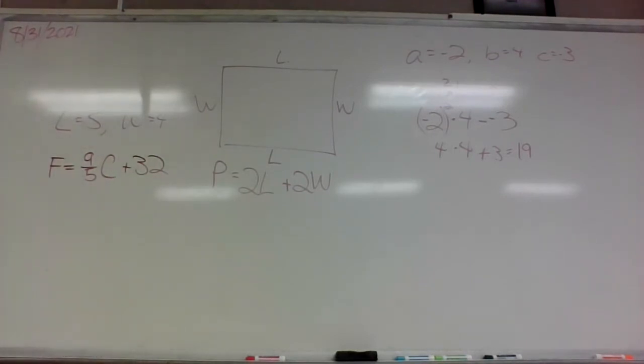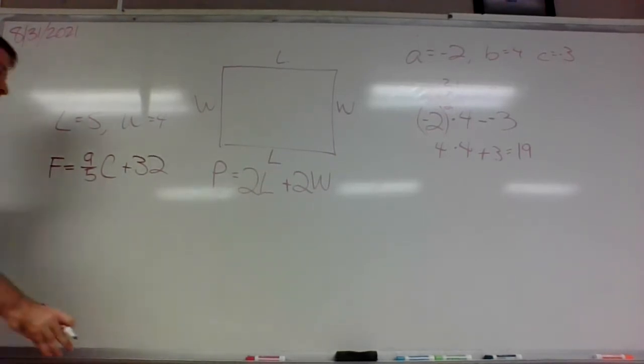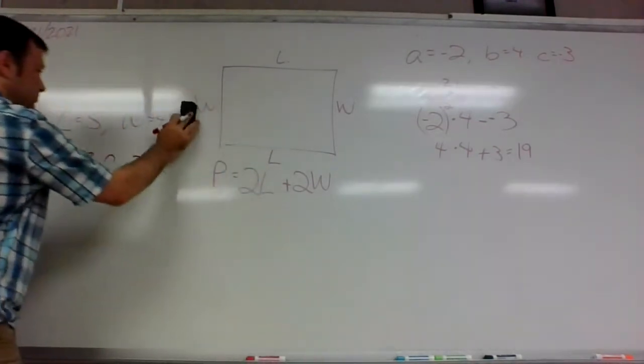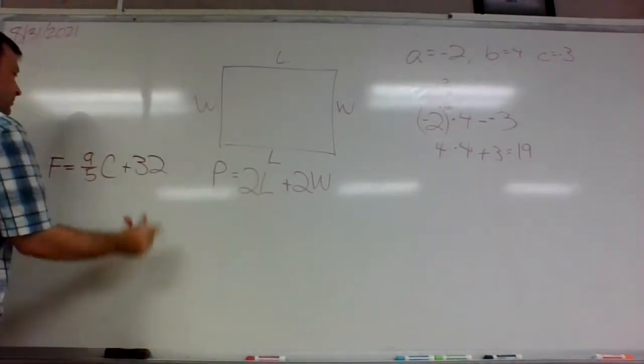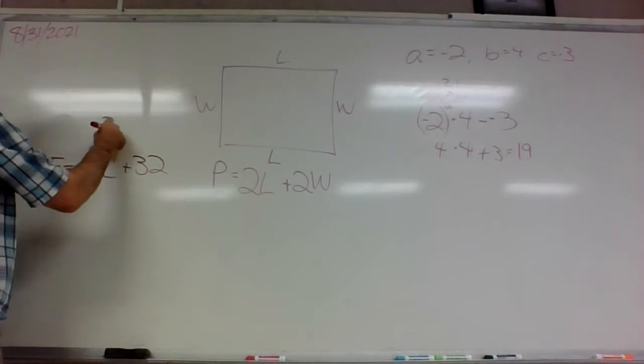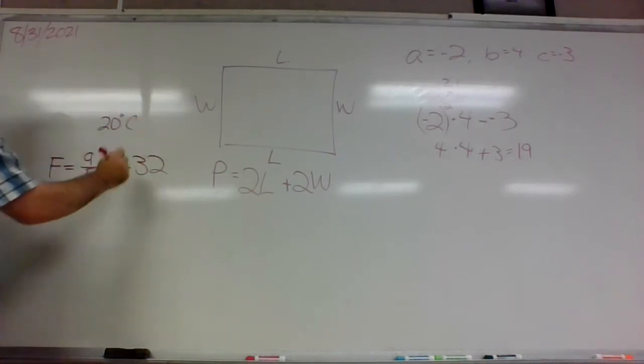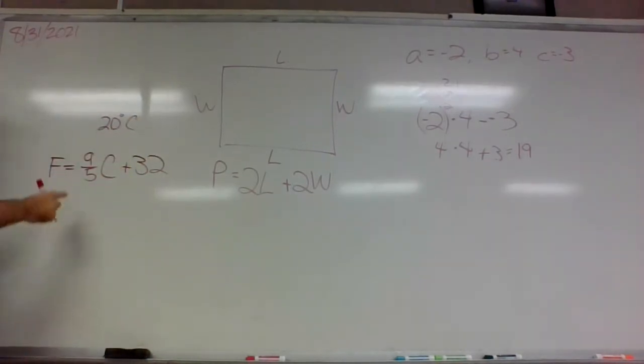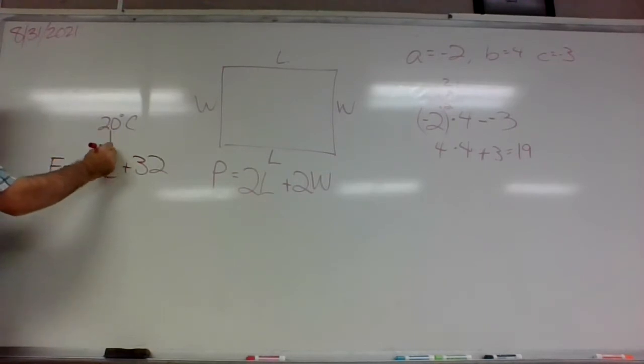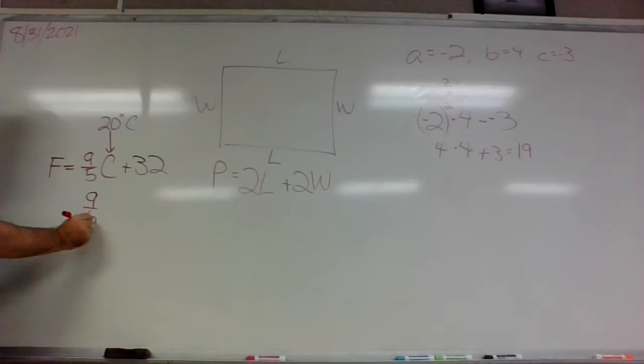So in 7th grade, we talked about Fahrenheit and Celsius on one of our assignments. Do you remember what 20 degrees Celsius is like? So what you do, if you want to figure out what 20 degrees Celsius is in Fahrenheit, you put 20 in for the Celsius. 9/5 times 20.